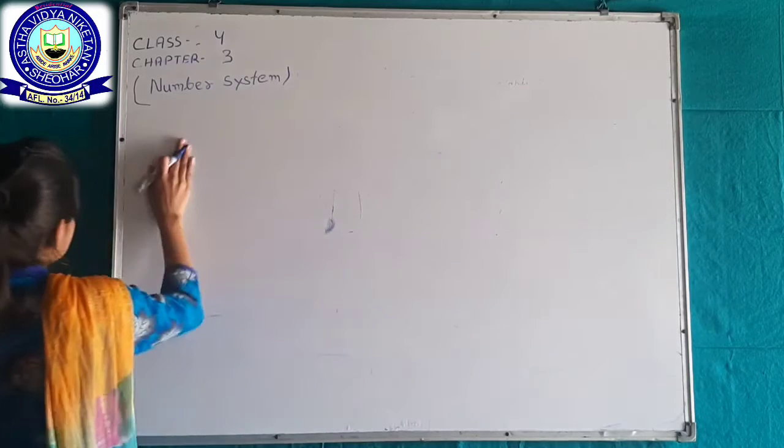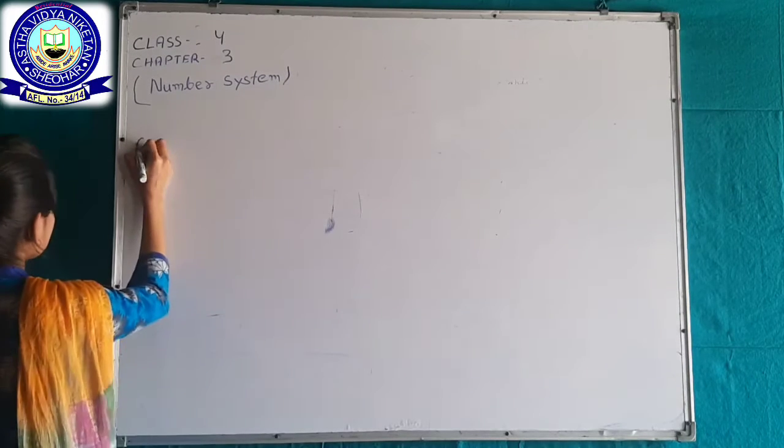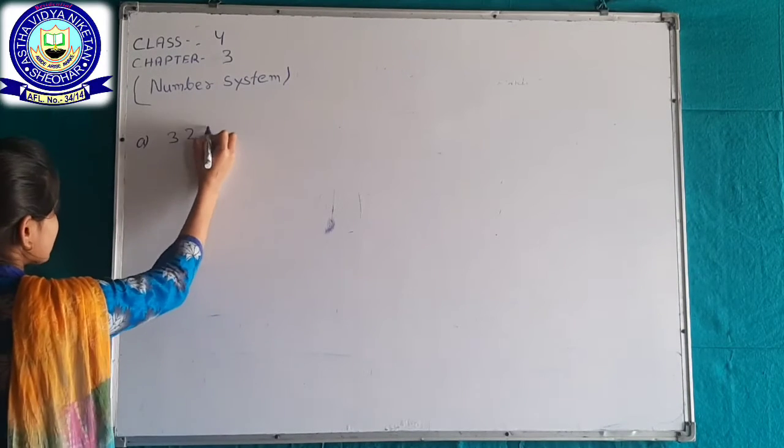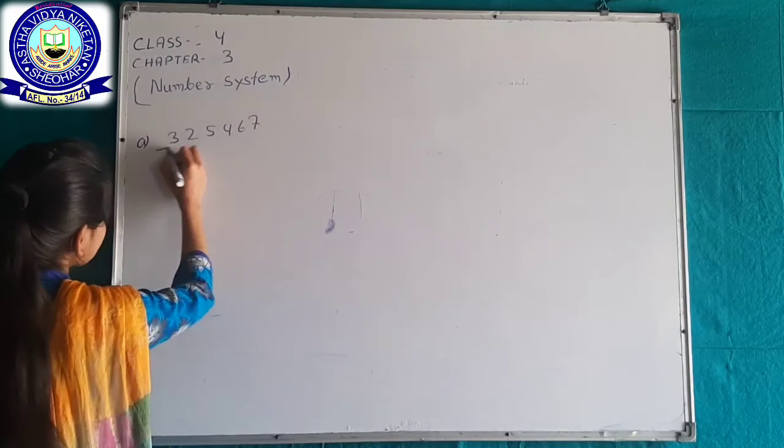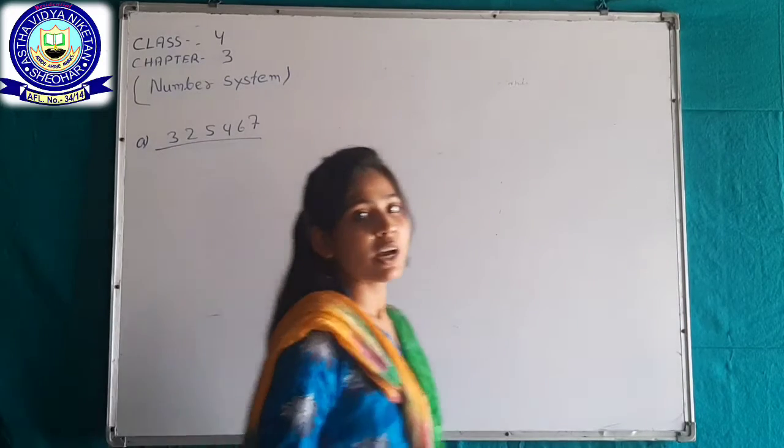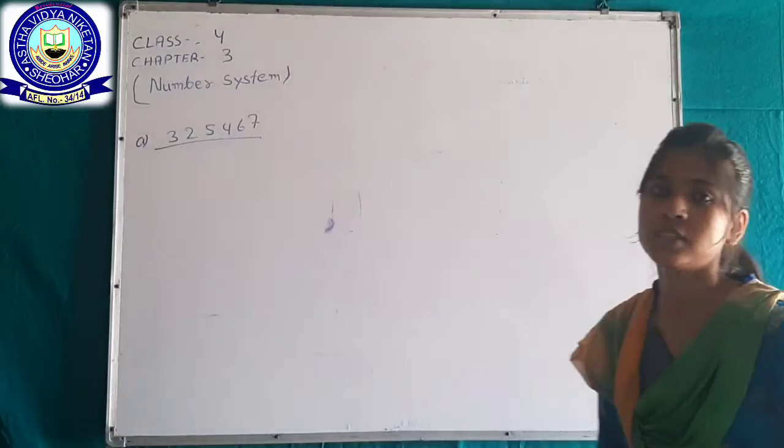Let's see, here is an example of an Indian place value chart. Here is a number. You have to write it in the Indian place value chart using commas and also in number name.